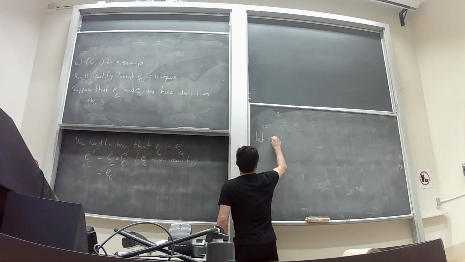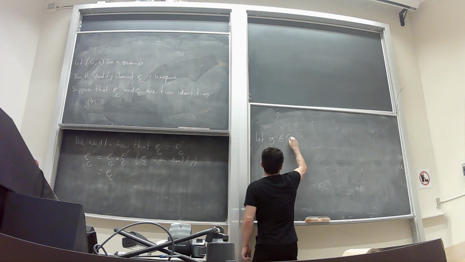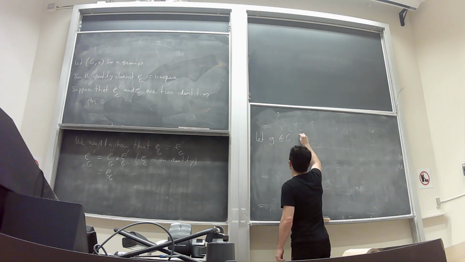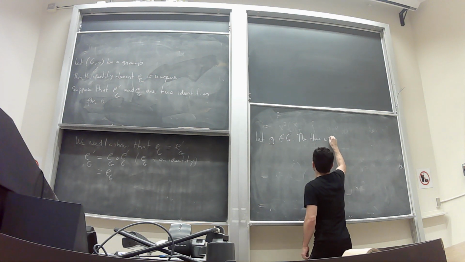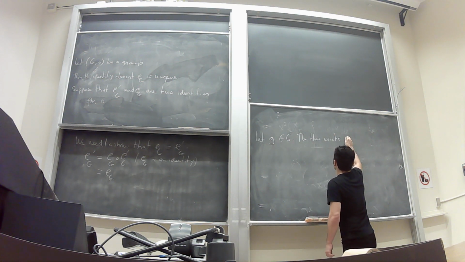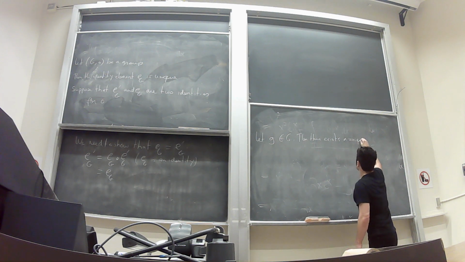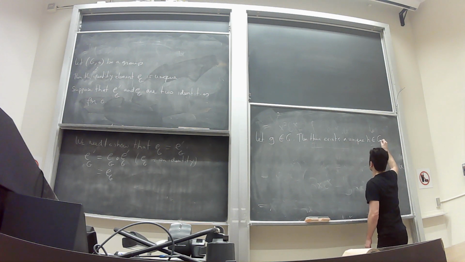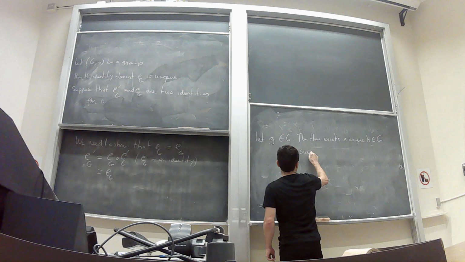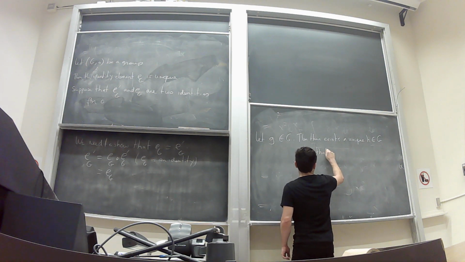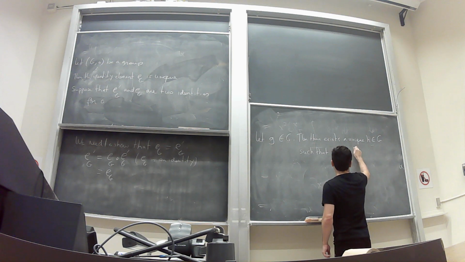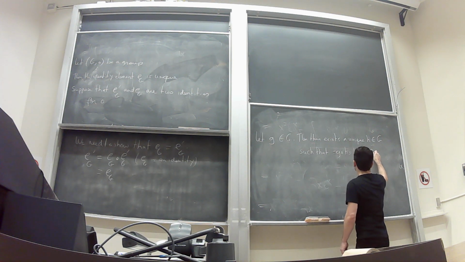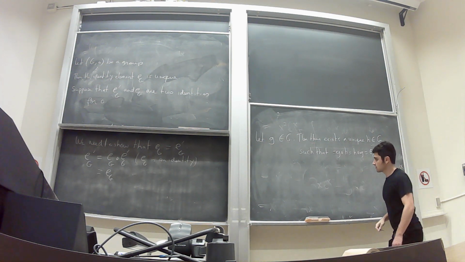We need to show that e_G is equal to e_G prime. Now, let g be in G, then there exists a unique h in G such that g circle h is equal to h circle g is equal to e_G.